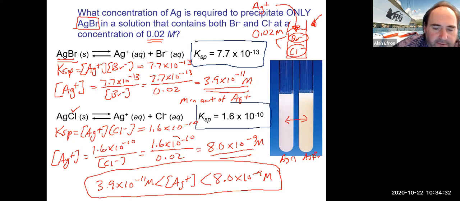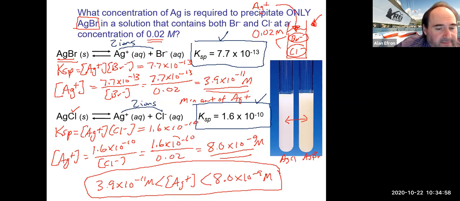So in this particular case, if you remember, our silver bromide breaks apart into 2 ions. Our silver chloride also breaks apart into 2 ions, which means we can directly look at our Ksp values. And what we see is the Ksp value for silver chloride is much larger than the Ksp value for silver bromide.